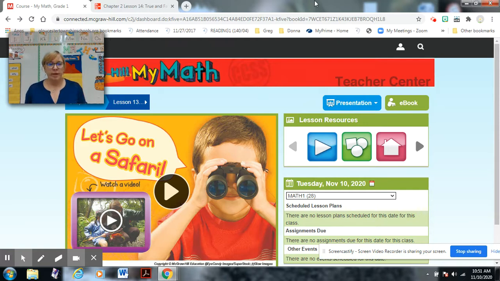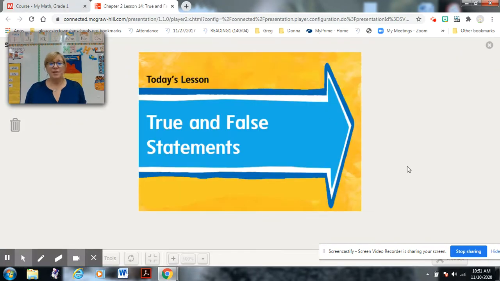I am wearing a blue shirt. That's right, true. I am. I have long hair. False. Okay. So that's part of what we're going to talk about today with our lesson. True and false statements.